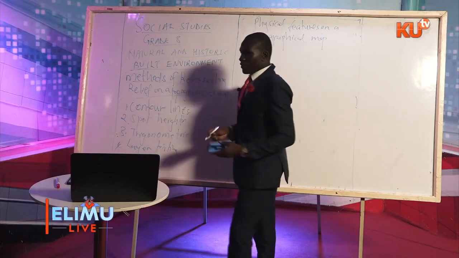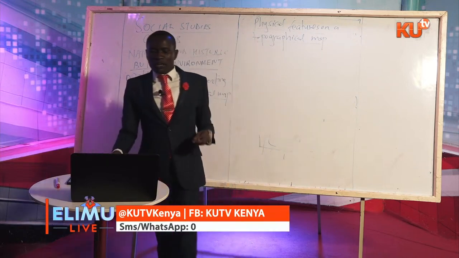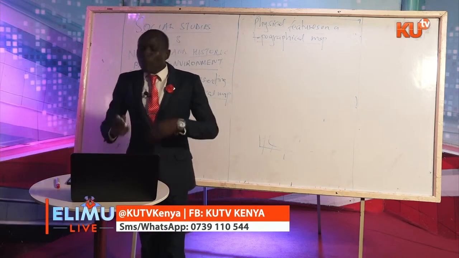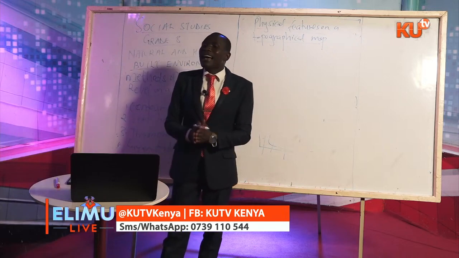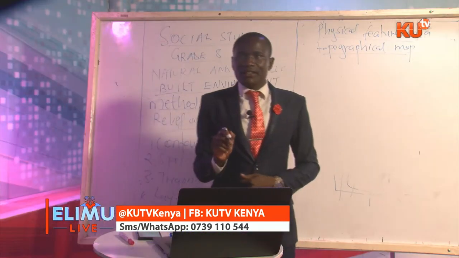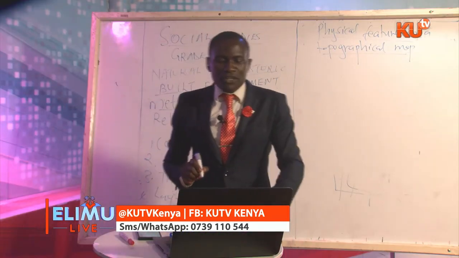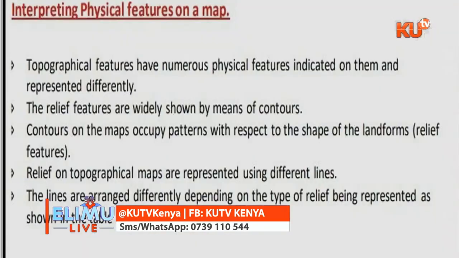How do we represent physical features on a topographical map? Topographical maps have different and very numerous physical features indicated on them and represented differently.